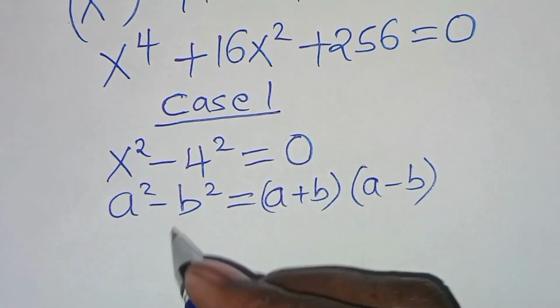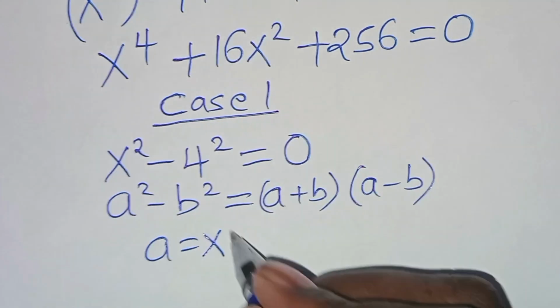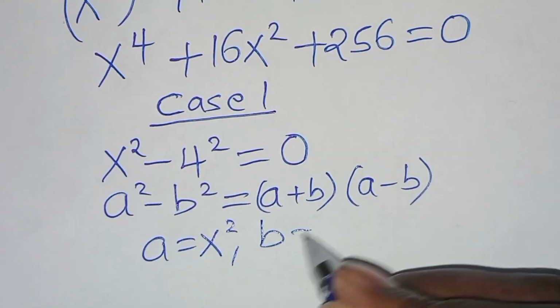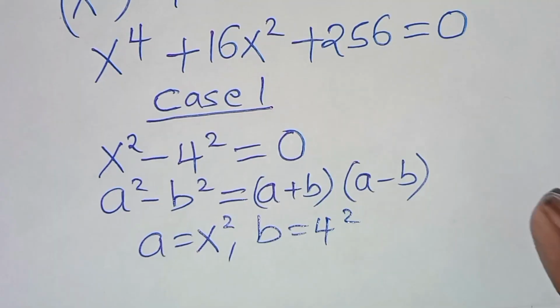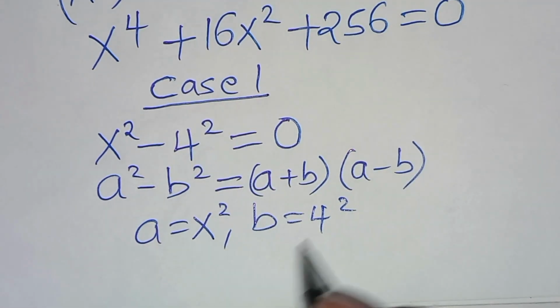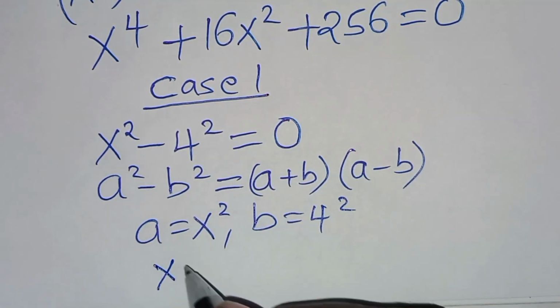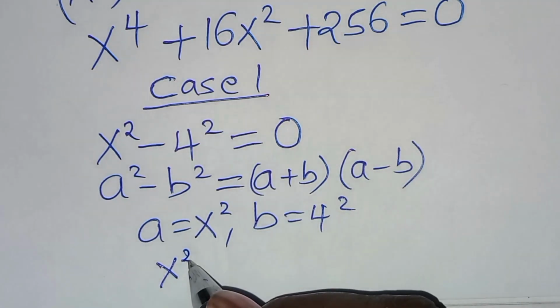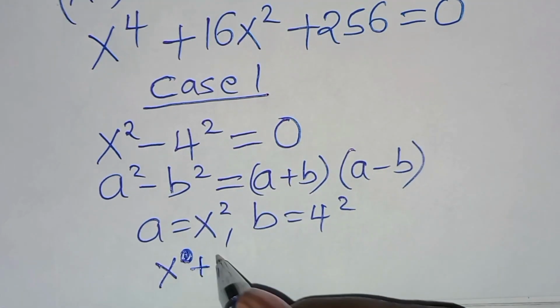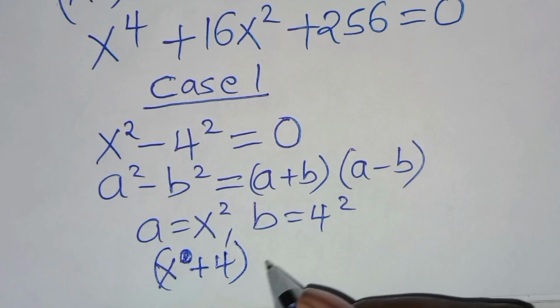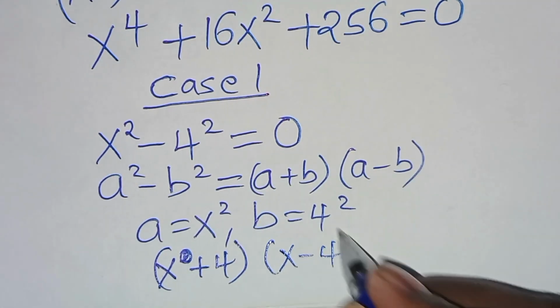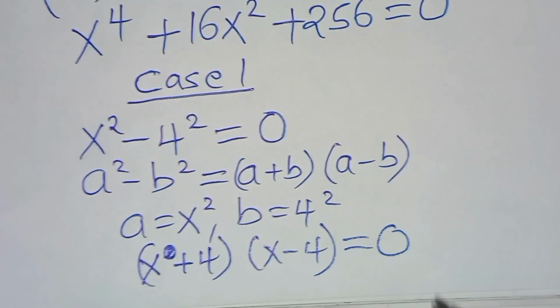From this equation, a is equal to x squared, b is equal to 4 squared. This implies that here we have x plus 4, we have x minus 4. This is equal to 0.